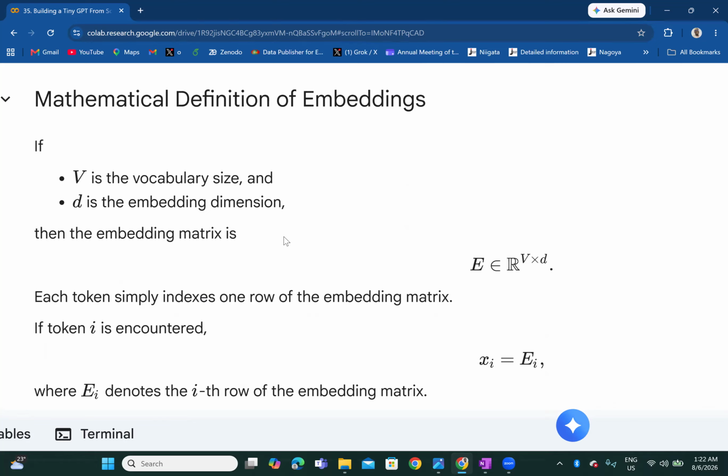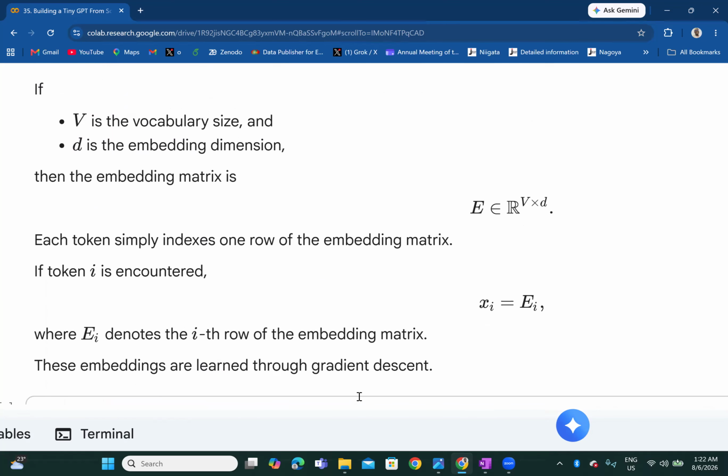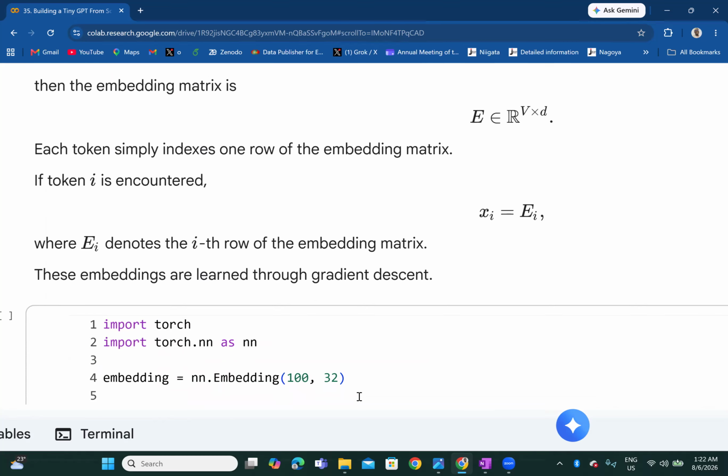The embedding matrix is E, an element of the real numbers R^(V×D). Each token simply indexes one row of the embedding matrix. So if token i is encountered, x_i equals E_i, where E_i denotes the ith row of the embedding matrix. These embeddings are learned through gradient descent.